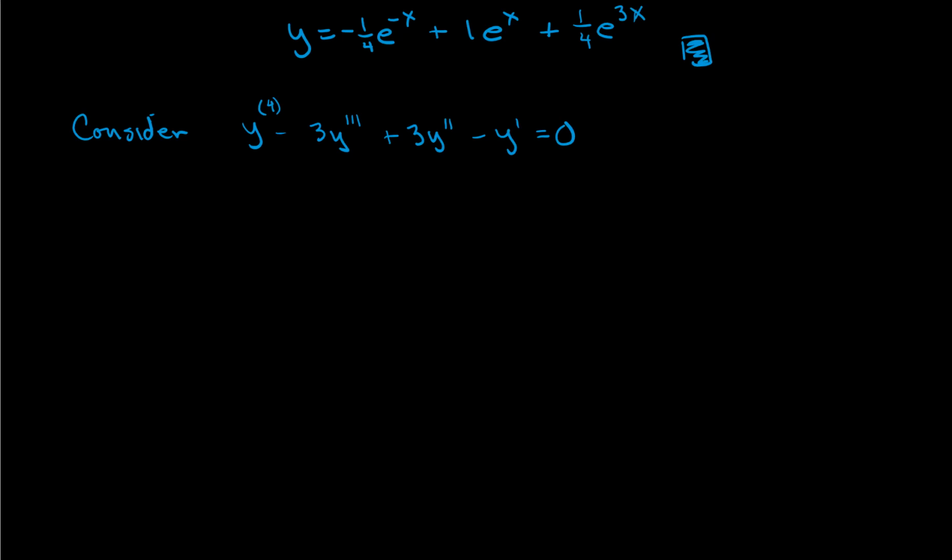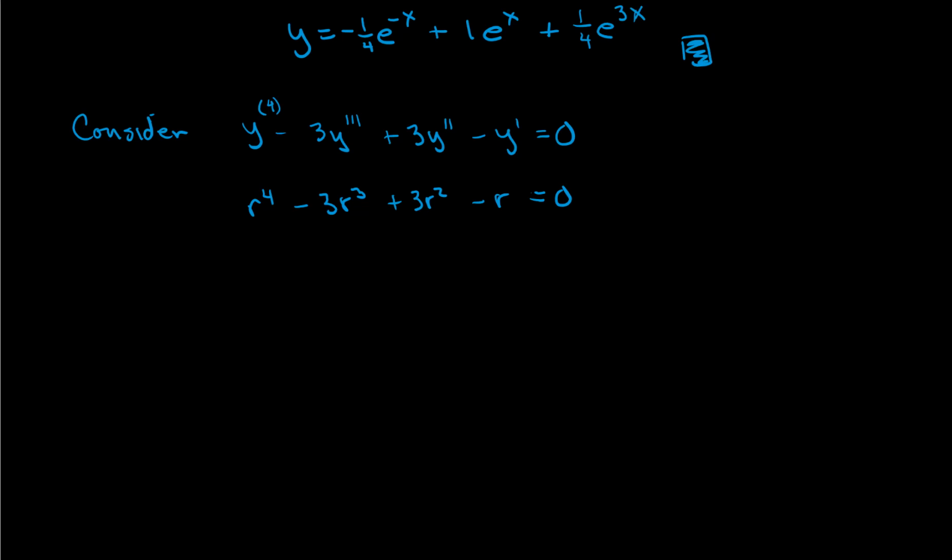We can create our characteristic equation using the techniques that we've already talked about, and this basically works out to be r to the 4th minus 3r cubed plus 3r squared minus r equals 0.